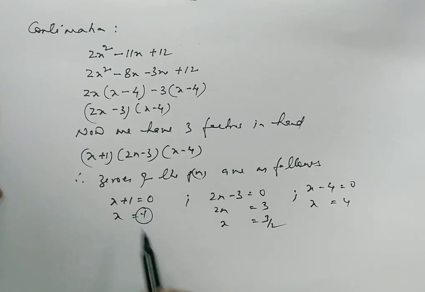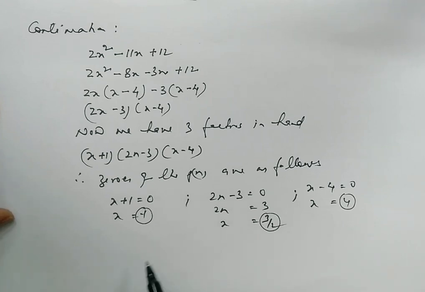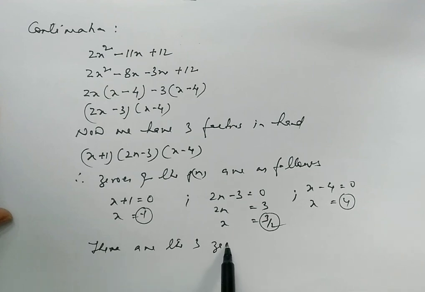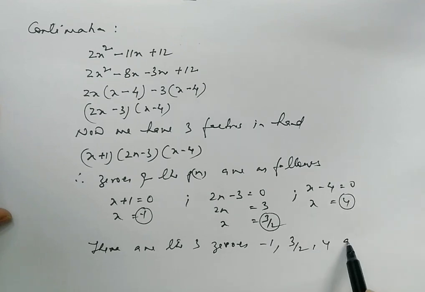So basically we have minus 1, 3 by 2, 4. Okay, these are all the zeros. So these are the 3 zeros, minus 1, 3 by 2 and 4 as answers.